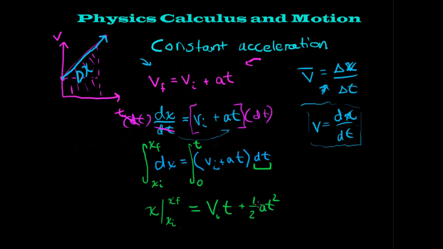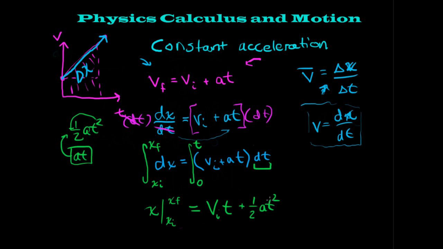Now you may be wondering why, if you're not that strong at calculus. Well, if you were to take the derivative of 1/2 at squared, which is really easy to do, this 2 comes down, cancels out this 1/2, and you're left with at, because the rule is you subtract 1 from the exponent. So if you go back up, you need to add that 1, and if the exponent's going to become 2, you need to multiply by its reciprocal, 1/2.